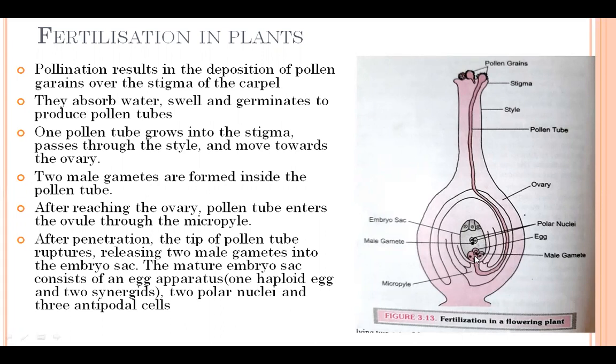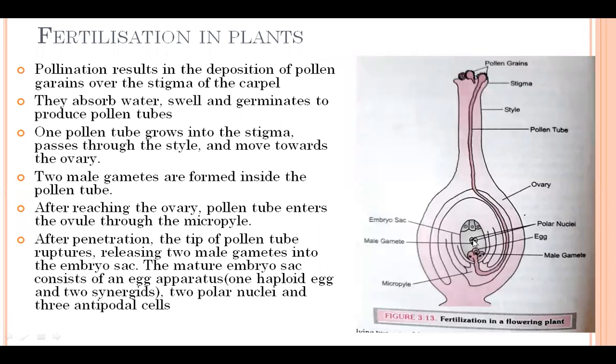One male gamete fuses with the egg cell. So this egg apparatus will form the zygote, meaning it will form the embryo inside the seed. The plant that emerges results from these cells only, meaning the egg cell and the synergid cells fuse and form the zygote.